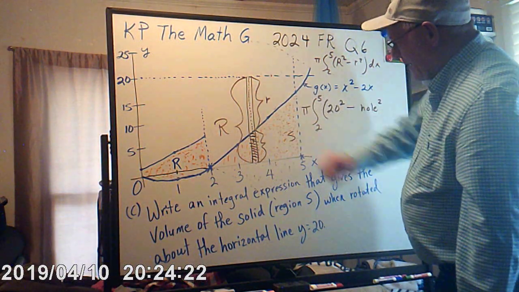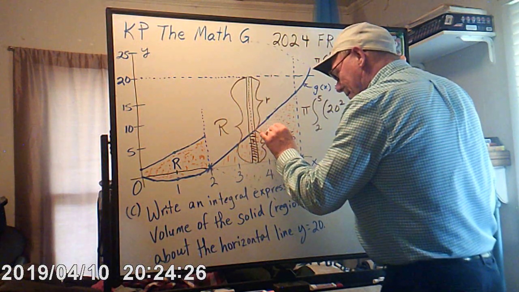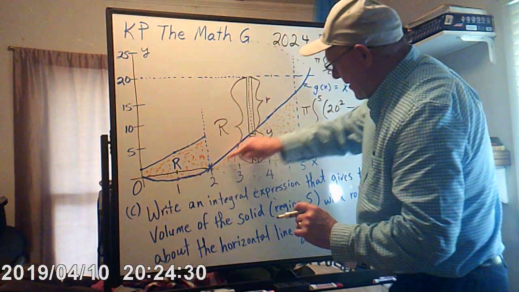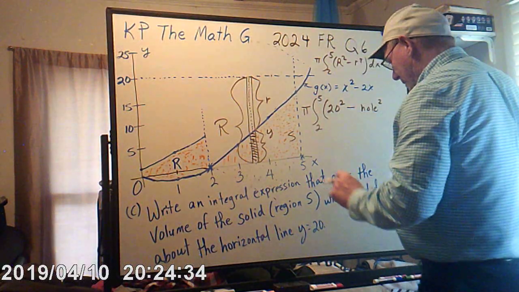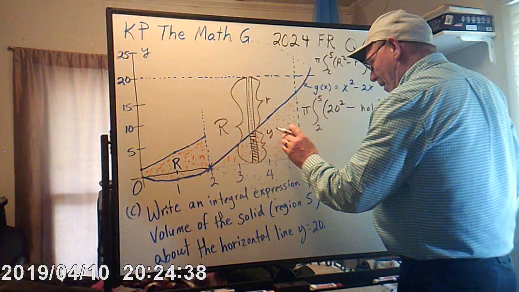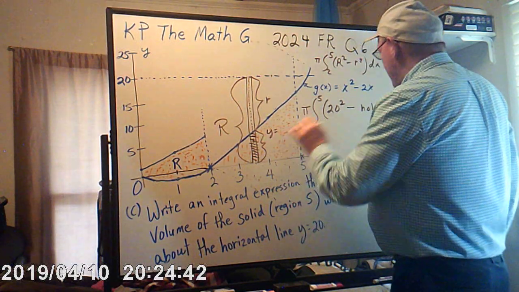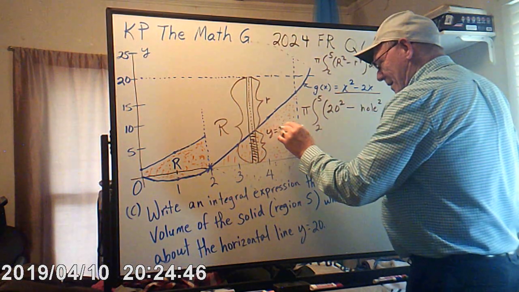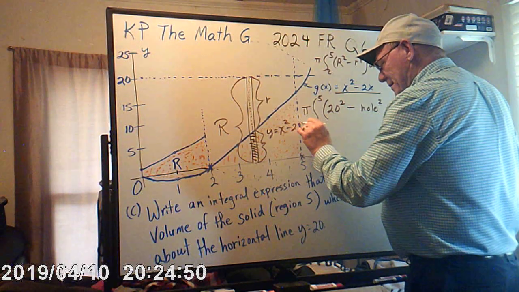So I want to figure out how much radius this is. Well, how tall is this? Well, somebody say, that's y. That height is y because this touches this function y. Well, what is y? I'm going to erase this x altogether. This is x squared, that's g at x, which is x squared minus 2x.